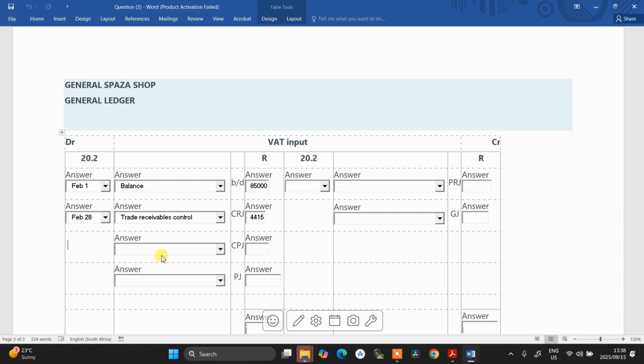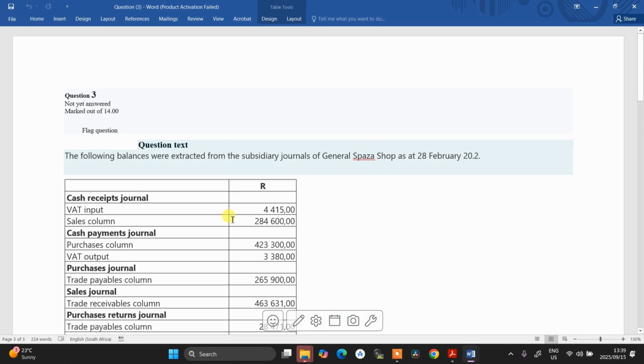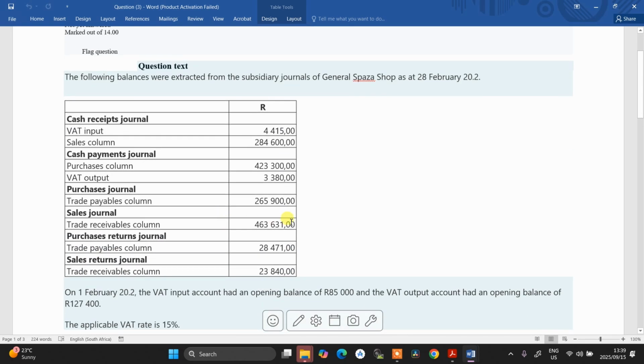Now that we have recorded this information, we need to look at the information in our cash payments journal. Remember, whenever we buy something, we need to claim back that tax charged on our purchases.